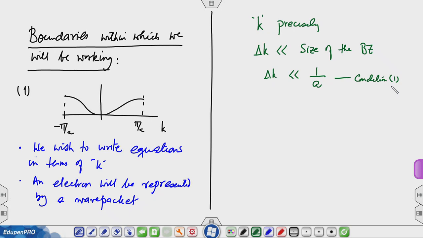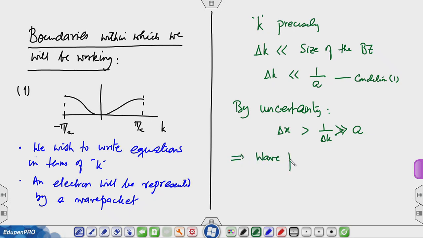And if that is the case, by the uncertainty principle, delta x would be greater than 1 over delta k, which is equal to a, or much greater than a. And this implies that the wave packet will be spread over many lattice sites.